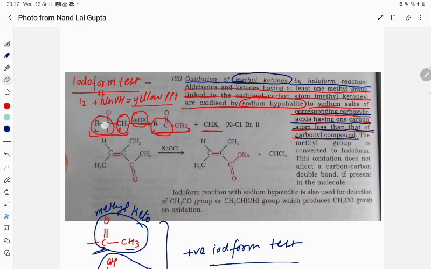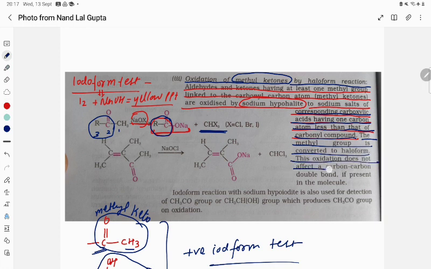If you have 3 carbon atoms, it is going to give the salt of 2 carbons, and this is the haloform, because the methyl keto group is converting into CHX3. The methyl group is converted into haloform.